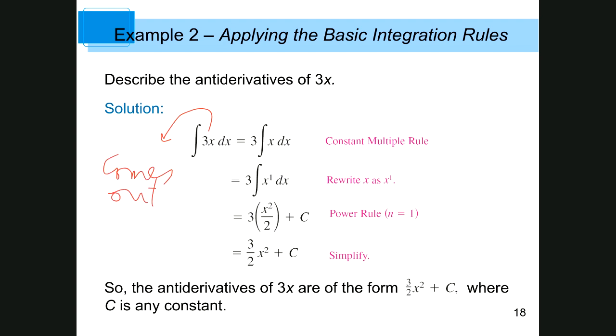It will be 3 times the integral of x. Now, which function, when you take its derivative, gives you x? Then you have to use the power rule. x is x to the power 1, so n is 1. Then the answer will be x^(1+1) over 1+1, which is x squared over 2. And you can check by yourself by deriving x squared.